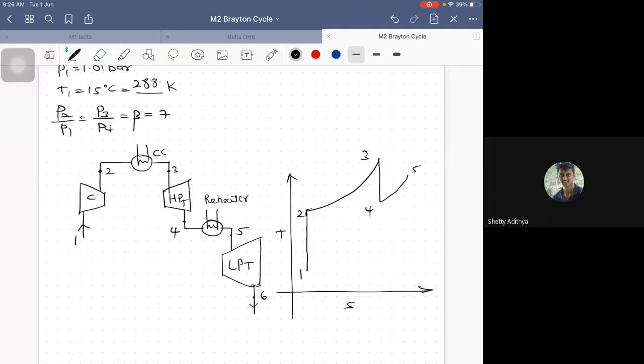From 5 to 6, one more turbine is there, which is the LP turbine. Isentropically, it gets expanded again and comes back isobarically with this line to state 1. So this is the overall representation of your TS diagram.